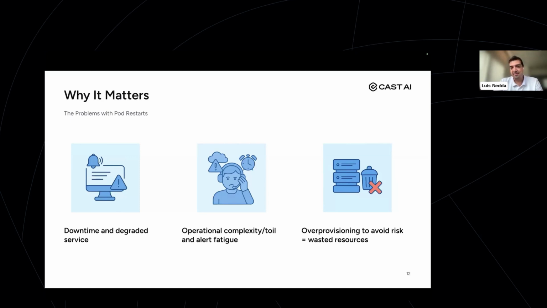And of course, the teams over-provision a lot to avoid the risk, right? And now, without needing to restart the application frequently, they can avoid over-provisioning too much and worrying about this risk.